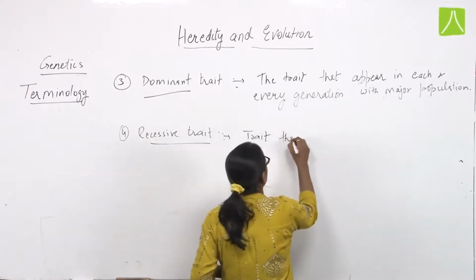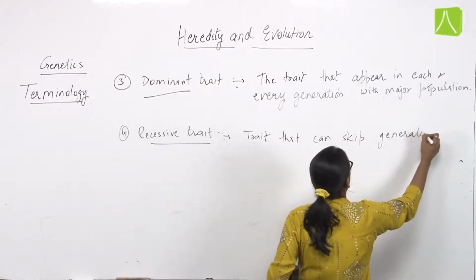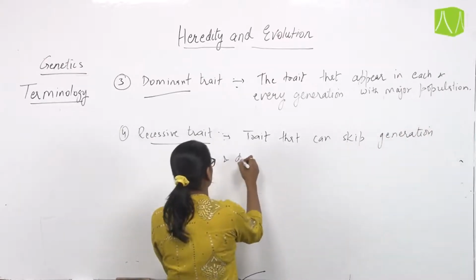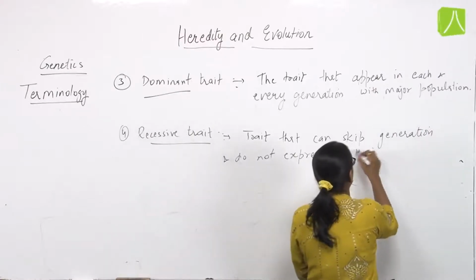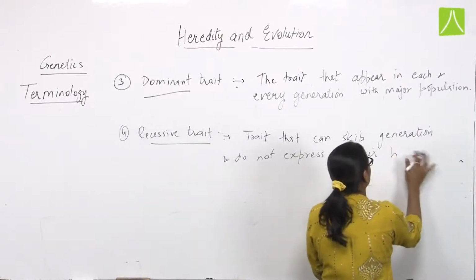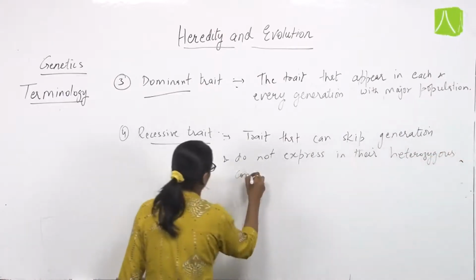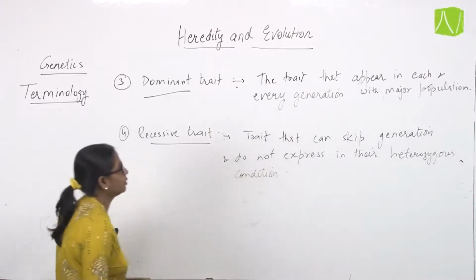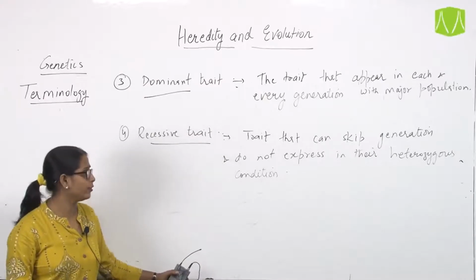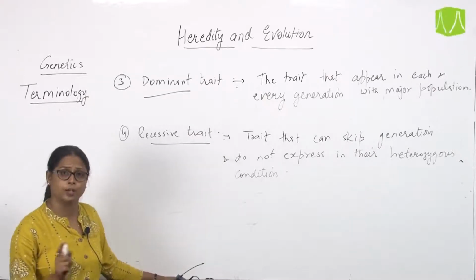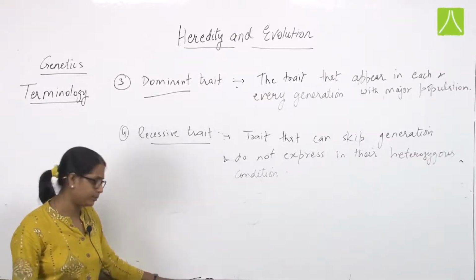So the trait that can skip the generations and do not express in their heterozygous condition, such trait is known as recessive trait. That means the recessive traits are suppressed by the presence of the dominant trait.